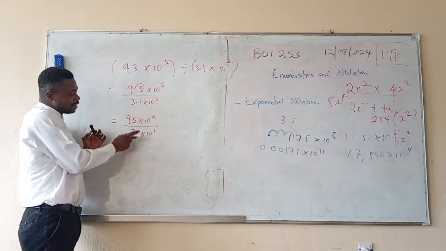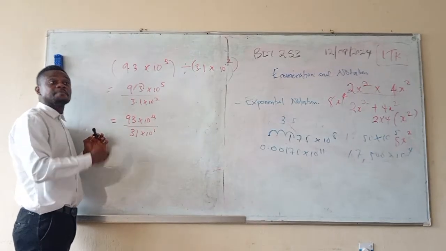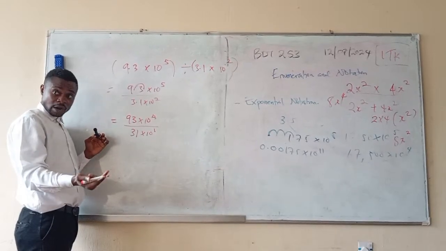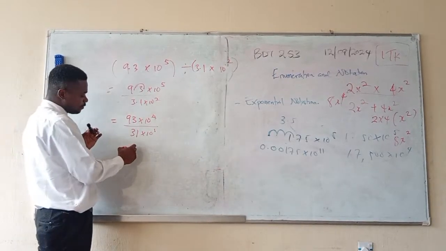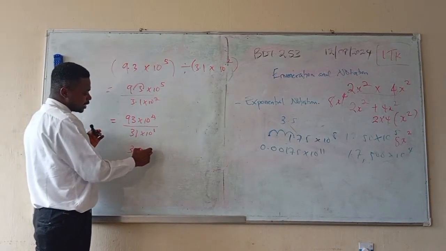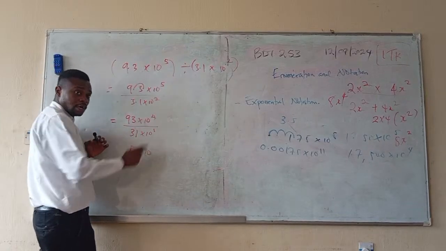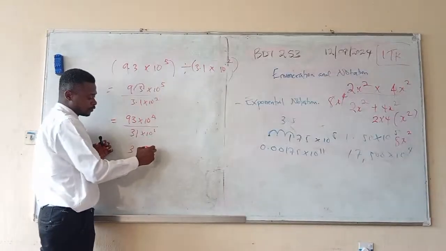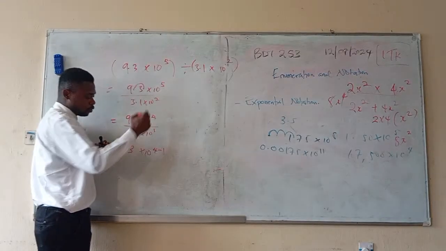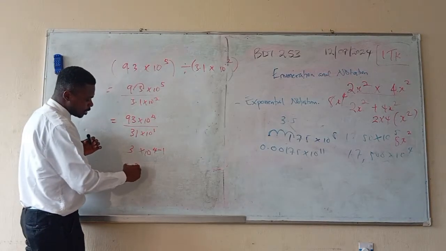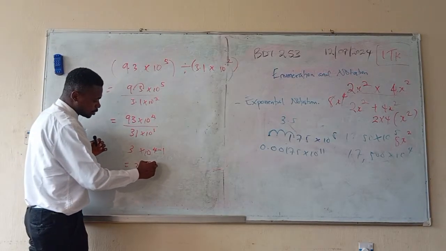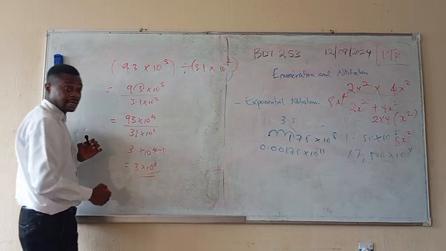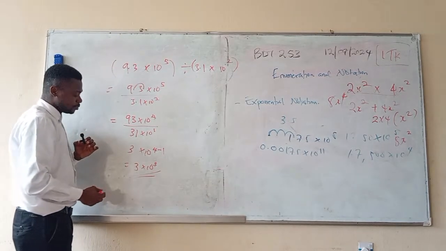So 93 divided by 31 is what? 3 or 3.0. Are we together? So here we have 3 times 10 to the power of 4 minus 1. Remember the laws of indices, right? So this becomes 3 times 10 to the power 3. Are we together? Yes, sir.